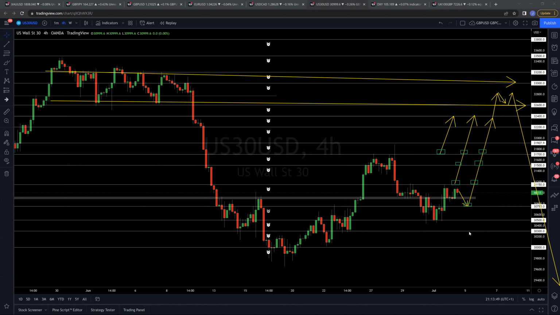Otherwise, only safer sells at this point on US 30 below 3,300 and below 30K flat.